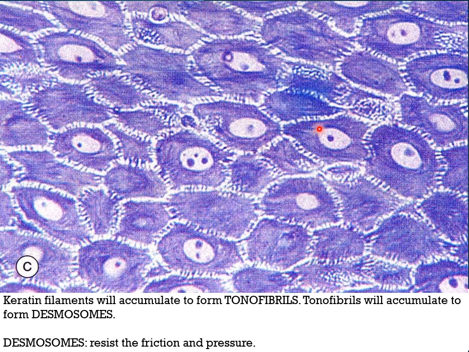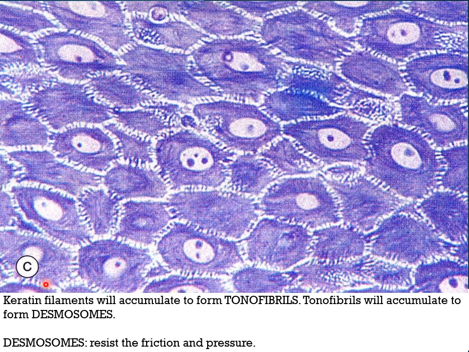So, in higher objective, no, ito yung makikita natin in stratum spinosum. So, meron tayong makikitang mga, tawag dito, keratin filaments. Okay? Itong mga keratin filaments, ito yung mga hair-like structures. And pag nakagrupo na sila, it will form the tonofibrils. And kapag nag-accumulate yung mga tonofibrils, it will form what you call the desmosomes.